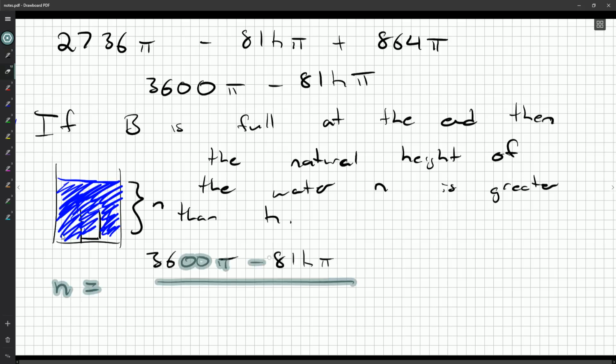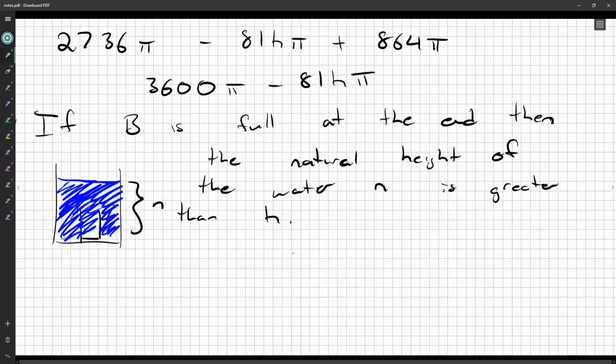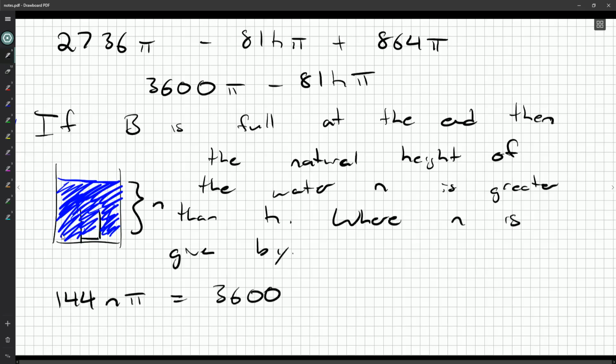well, let's define it a little simpler and then rearrange. Where N is given by 144, so 12 squared N pi is, if you just took this volume of water, there wasn't any glass B, and you just put that back in cylinder A, what would that water level be at?